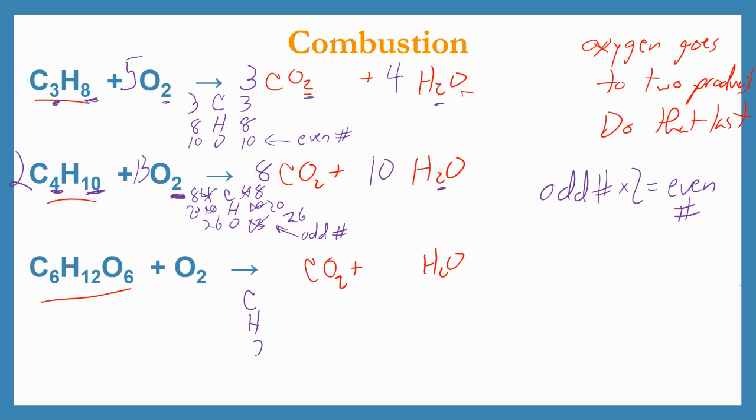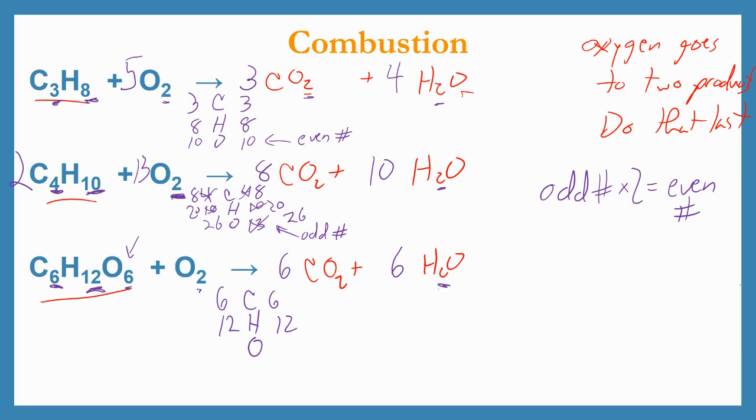All right, so this last one, there's actually some oxygen involved in our first thing, so that's a little different. But same situation: 6 carbons, they all go there. 12 hydrogens, they all go there. 6 times 2 is 12, so we've got 12 and 12.